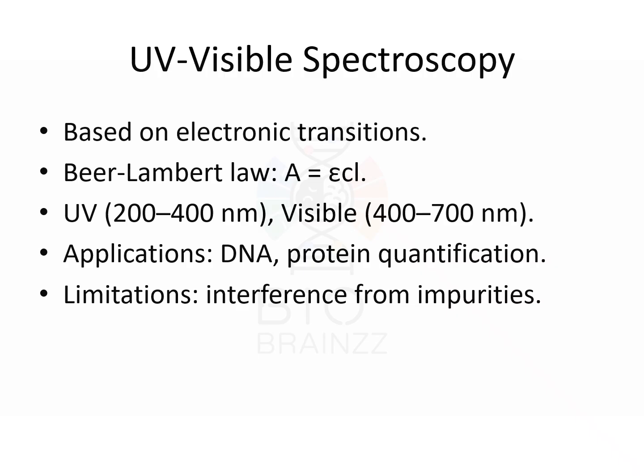This technique works in the UV range 200 to 400 nanometers and the visible range 400 to 700 nanometers. It is commonly used to measure concentration of DNA and proteins. However, one limitation is that impurities in the sample can affect the accuracy of the results.